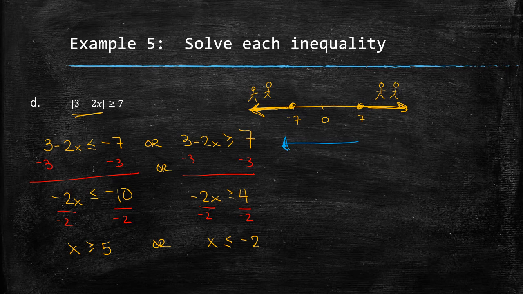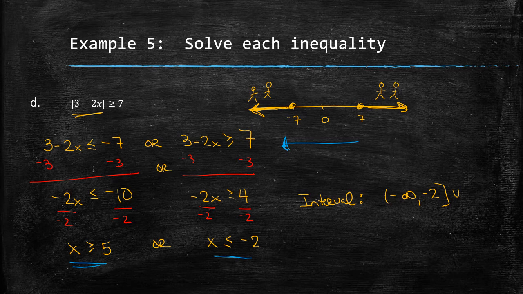Writing our answer in interval notation, I'm going to start with the second one. x is less than or equal to negative 2. This is the interval negative infinity to negative 2 with a bracket on the 2, union.